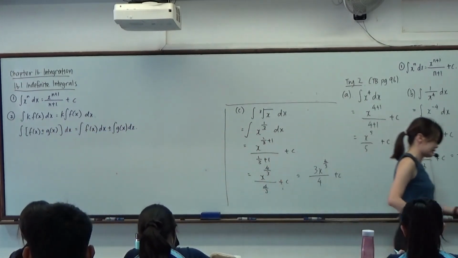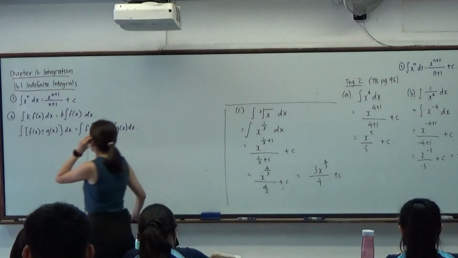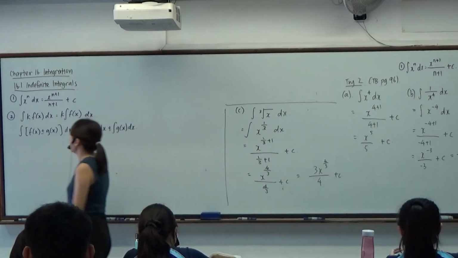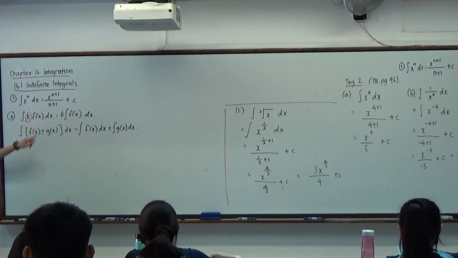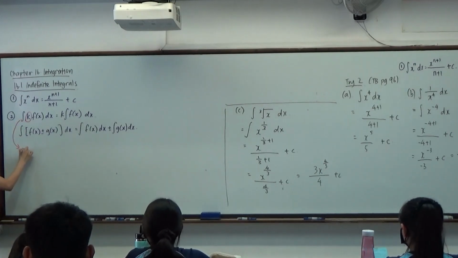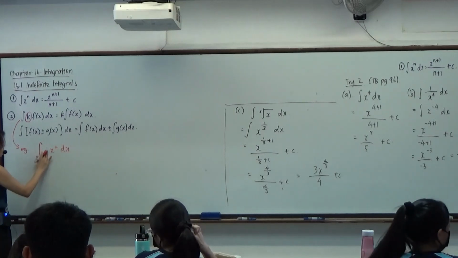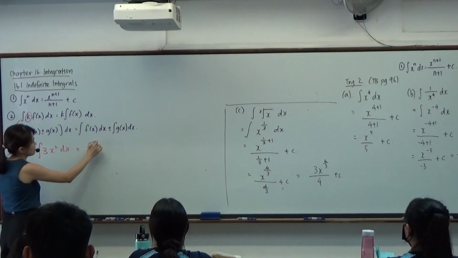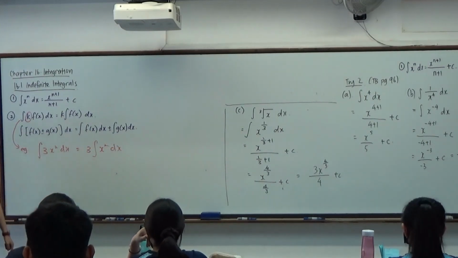Don't get yourself too caught up in the formula over here. What it is trying to say is that if there is a constant multiplying a function, you can take out the constant before integration. So for example, if we are integrating 3x squared, it is the same as taking out the constant first and then focus on integrating the x squared.